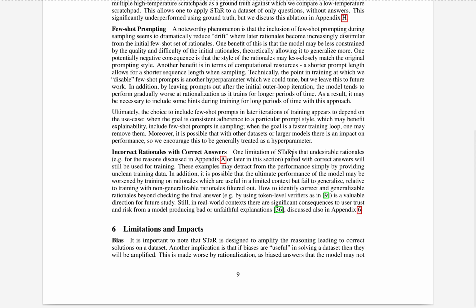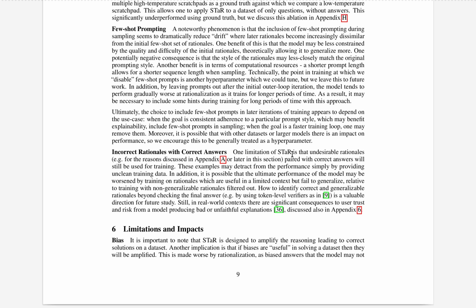Limitation and impacts. Bias. It is important to note that STaR is designed to amplify the reasoning leading to correct solutions of a dataset. Another implication is that if biases are useful in solving a dataset, then they will be amplified.